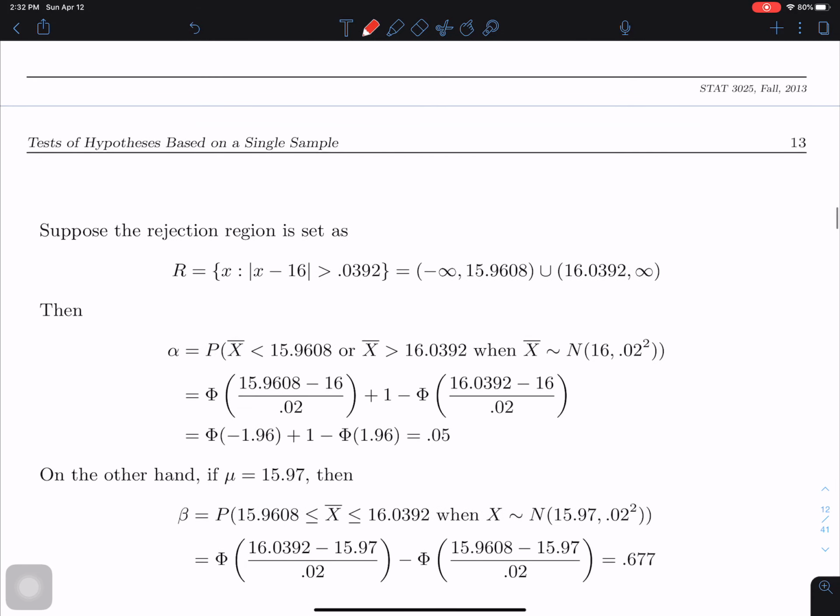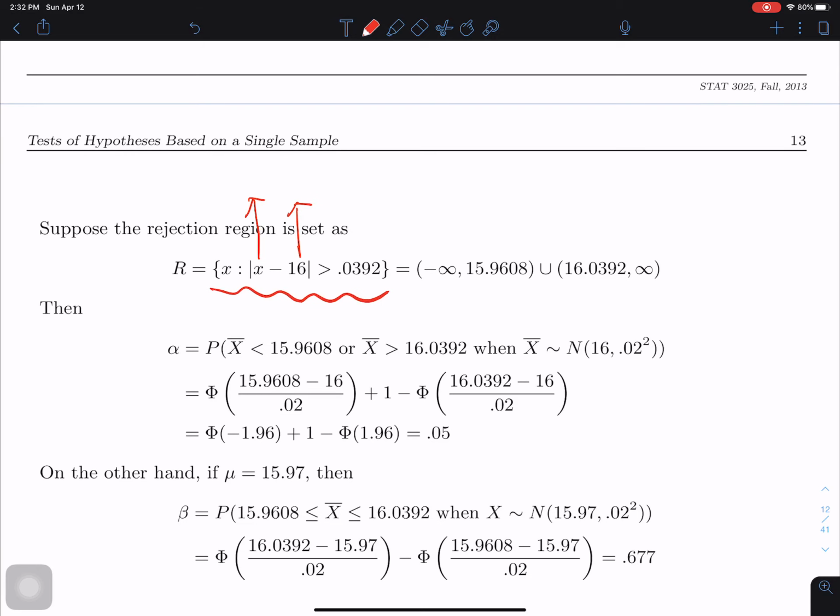Suppose here my rejection region is, that is to say, when the difference between the observed value and the hypothesized value is greater than 0.0392. So suppose that this is my rejection region. Now, what is my type 1 error?